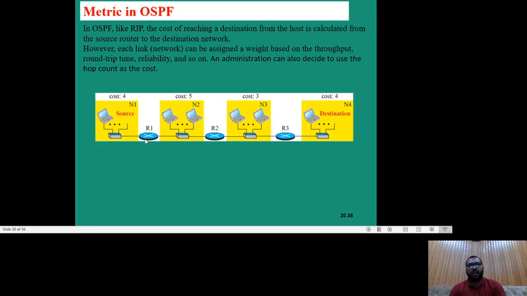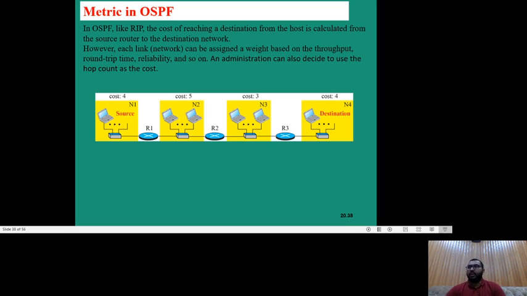So definitely the cost can be different. For example, if there are more hops but the quality or the chance of packet delivery is higher compared to when there is direct communication with no hop, the cost over there can still be lower.